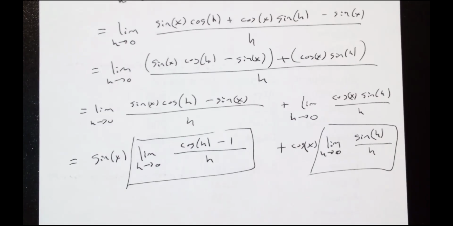But wait, I've seen this before. This one right here was one of the very first limits we did, back in chapter 2. We did it with a graph. Then we kind of proved it. We showed why we think it's true with that little picture of a triangle inside a circle. But that was like 2.5 weeks ago, maybe longer. What's the limit in this box? Sine of h over h.